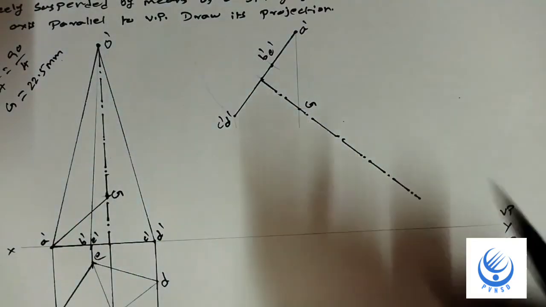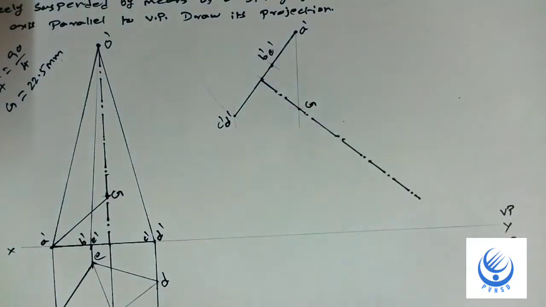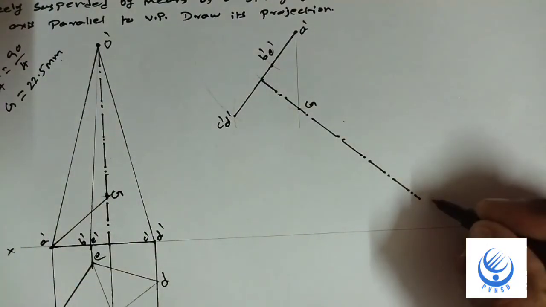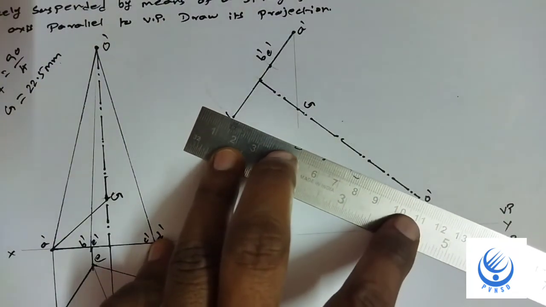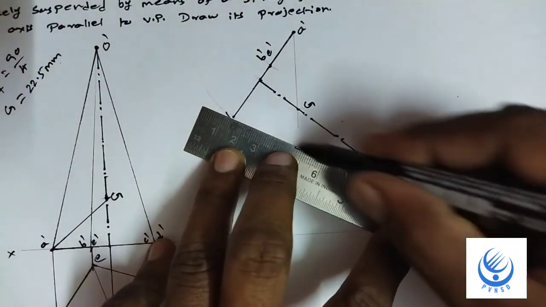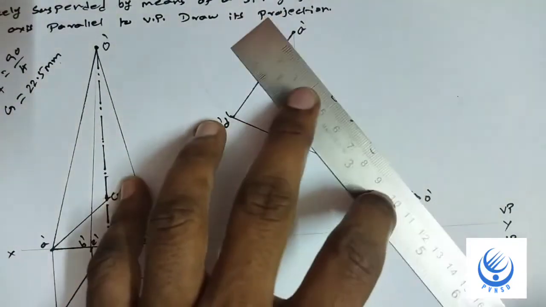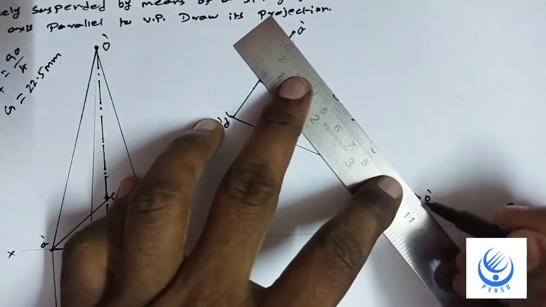This line length is 90 mm. This is the point apex, that is O dash. Okay. The next to join O to C, D, the next O to A.